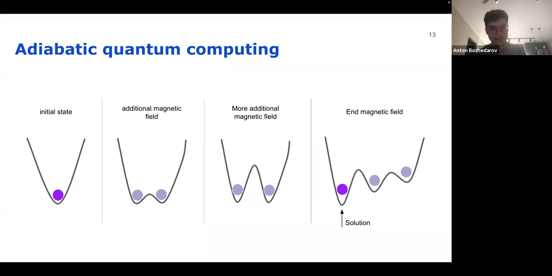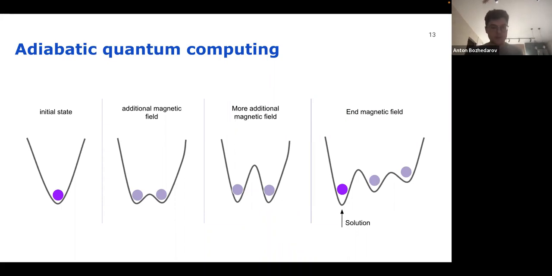We will also add interaction between different spins, so that every spin interacts with its neighbors. It means that the energy landscape will be a very complex magnetic field, and just by looking at it we cannot understand it, and it's really hard to compute the optimal state of this very hard magnetic field in terms of the function.